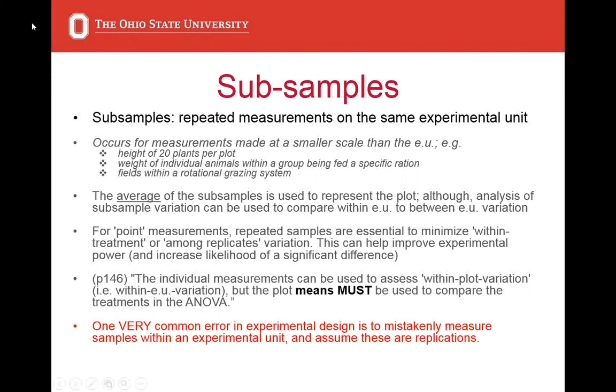We might get the individual weight of animals within a group that's being fed a specific ration. Or in the case of a grazing study, rotational grazing, when we're rotating from field to field in a rotational manner, observations on fields within that rotational grazing system are subsamples within the experimental unit, that grazing system.